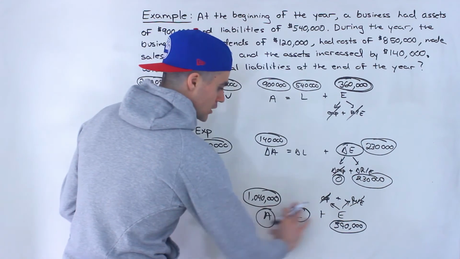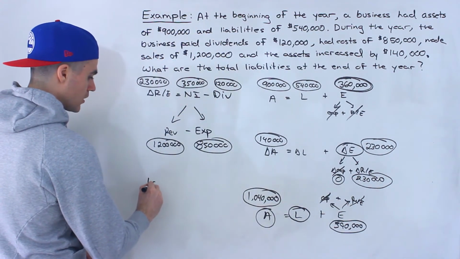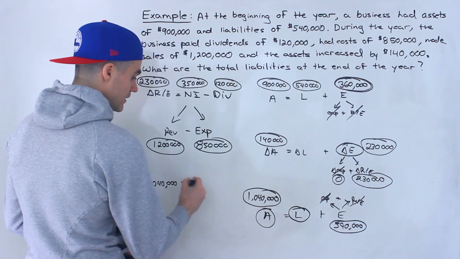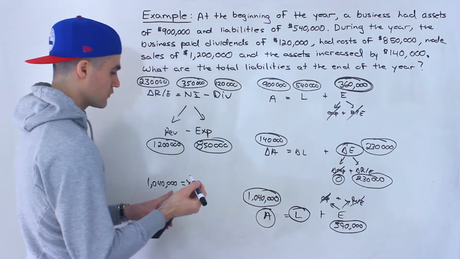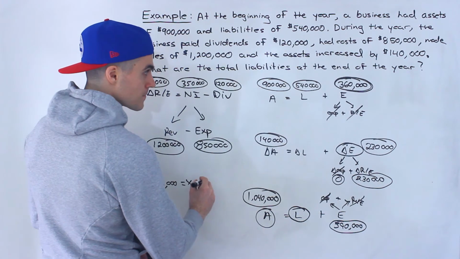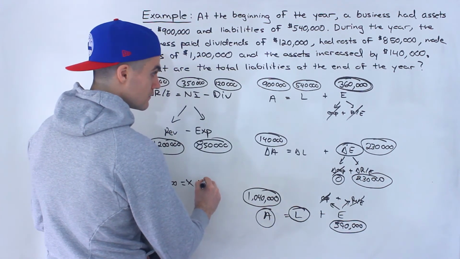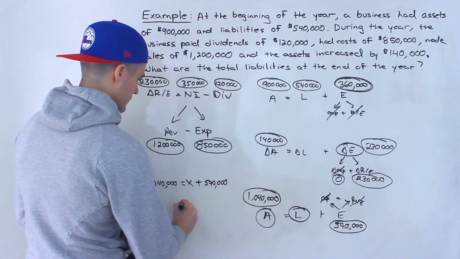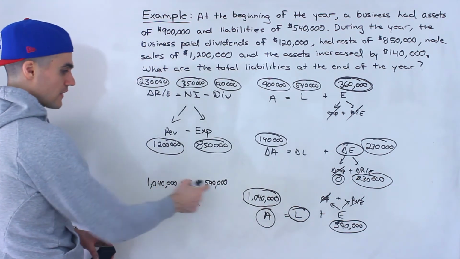Now that we have that, we can use this equation. So we got 1,040,000 equals liabilities, which is what we're solving for. We could put a variable X there, plus the 590. And so when we bring this over, that would become a minus.